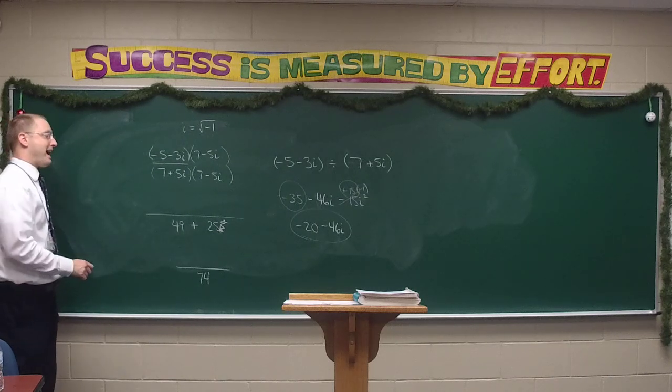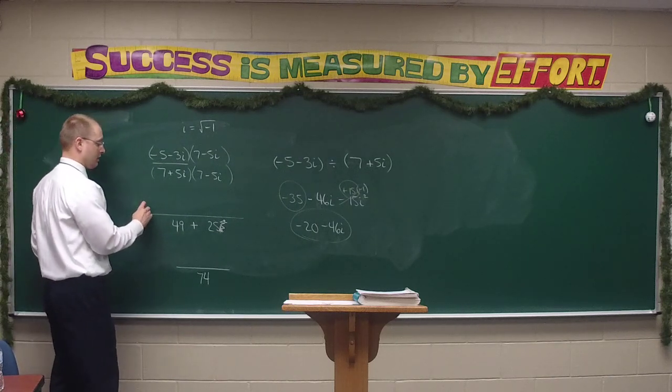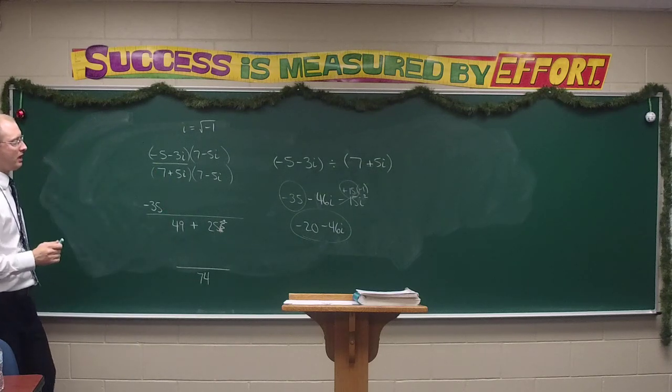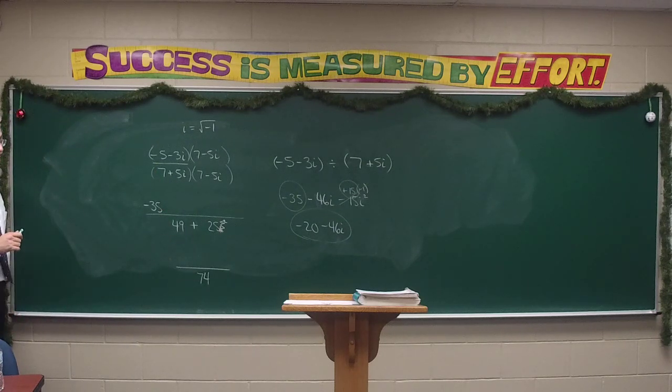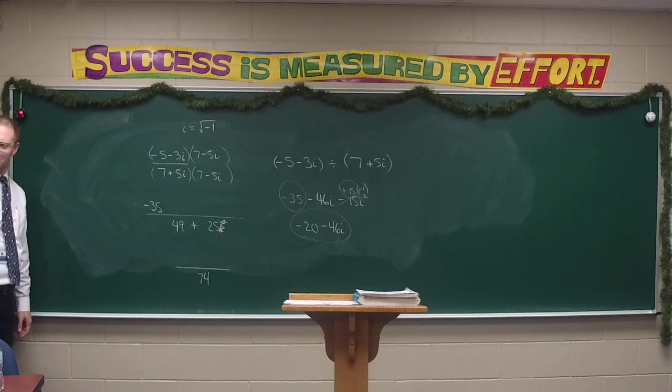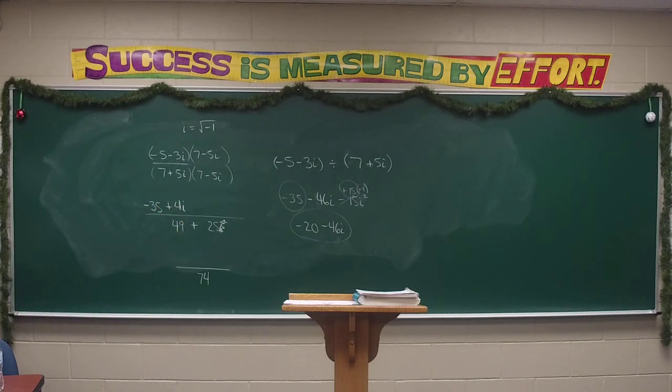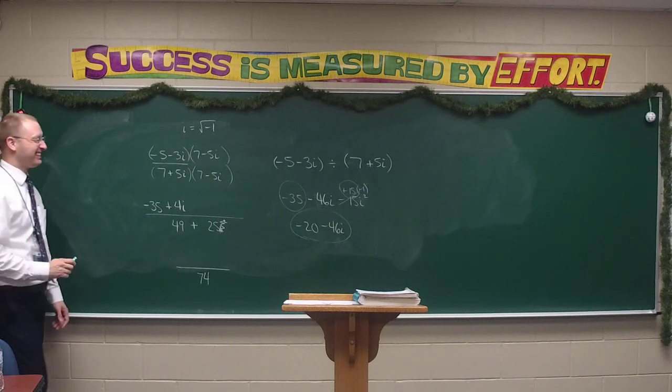FOIL. And Maddie, we multiply our first. The outer inner gives us what, anyone? Positive 4i. That wasn't on purpose. And then the last gives us what, anyone?